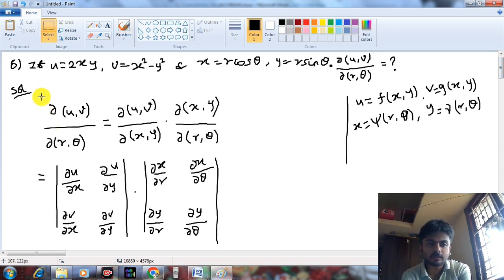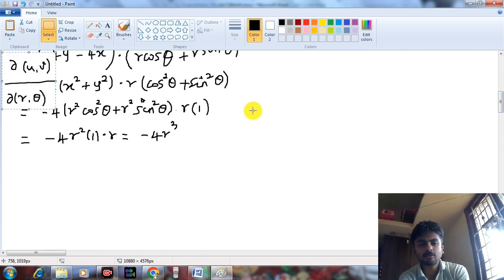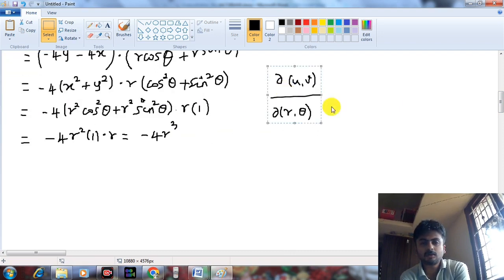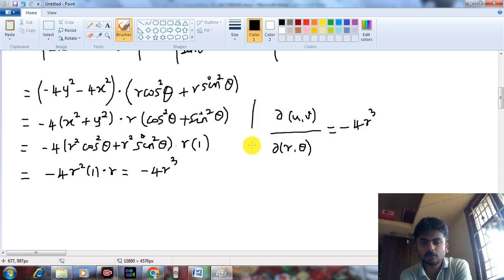Dou u comma v divided by dou r comma theta equal to minus 4r cube. Okay, so this is our result.